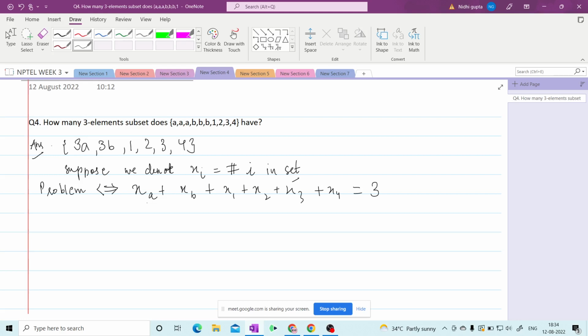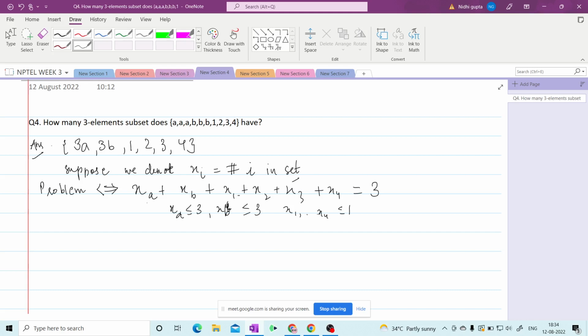But we also have some restrictions. xa should be less than or equal to 3, xb should also be less than or equal to 3, and x1, x2, x3, x4 should be less than or equal to 1.